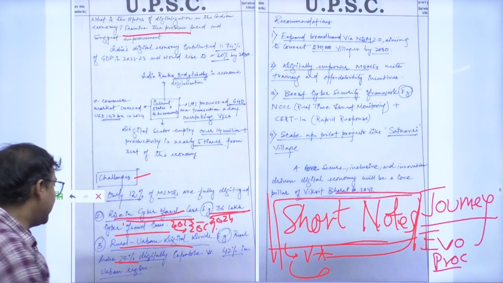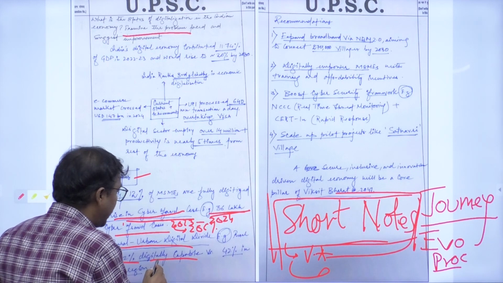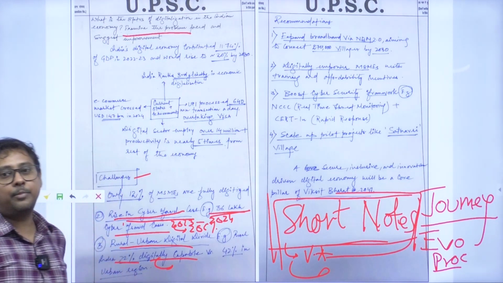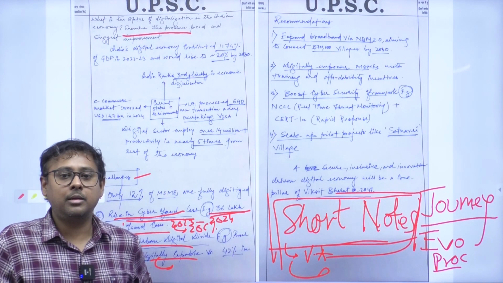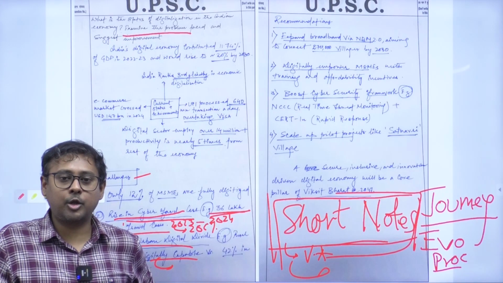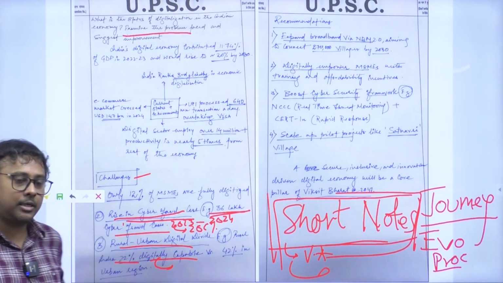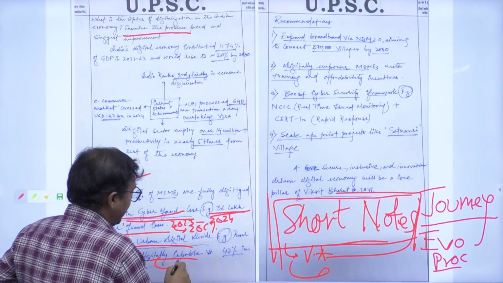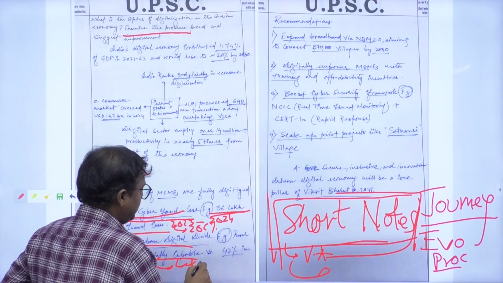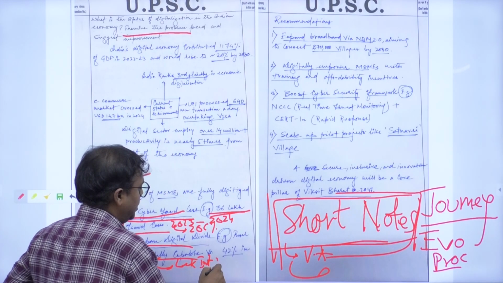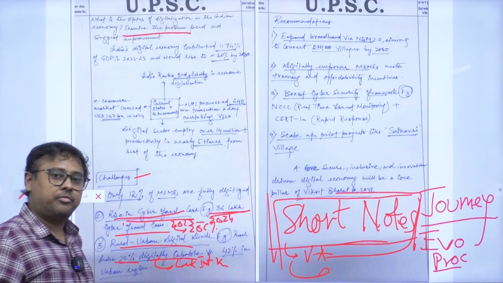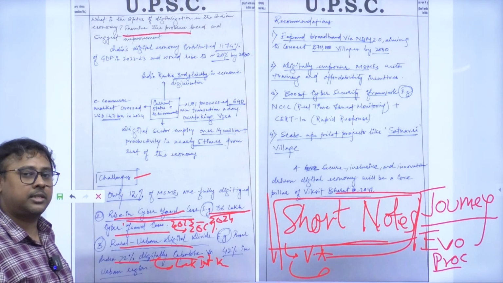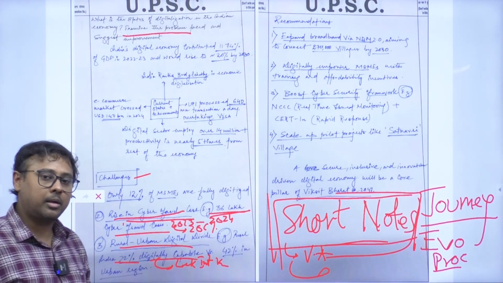So Roshan, you will say, if I use this term digitally capable and do not explain it, then probably I'm not communicating my argument to the examiner. Not necessary. The moment you write digitally capable, the examiner will know. Lack of internet knowledge, lack of e-transactionary knowledge. So digitally capable means that.